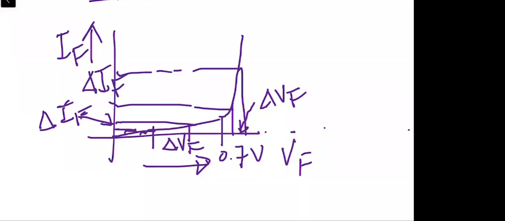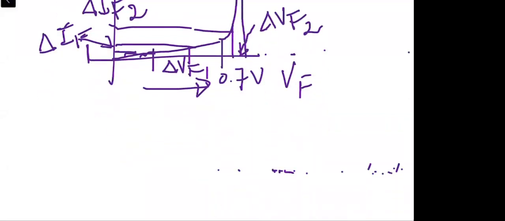So if you see the change in voltage before the knee of the curve and after the knee of the curve, and the variation in current before and after the knee, let's say we have delta VF1 to delta IF1 and delta VF2 to delta IF2, right?